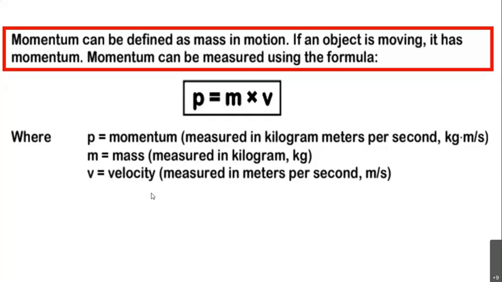First problem. Calculate the momentum of a 75 kilogram speed skater moving forward at 16 meters per second. So what we want to do first, we want to write down our formula.